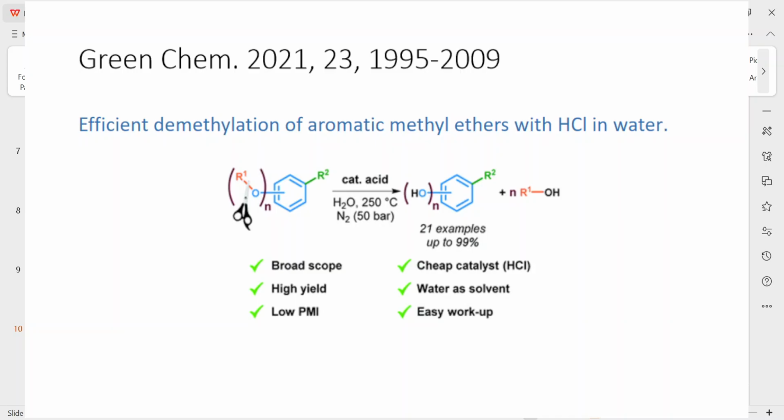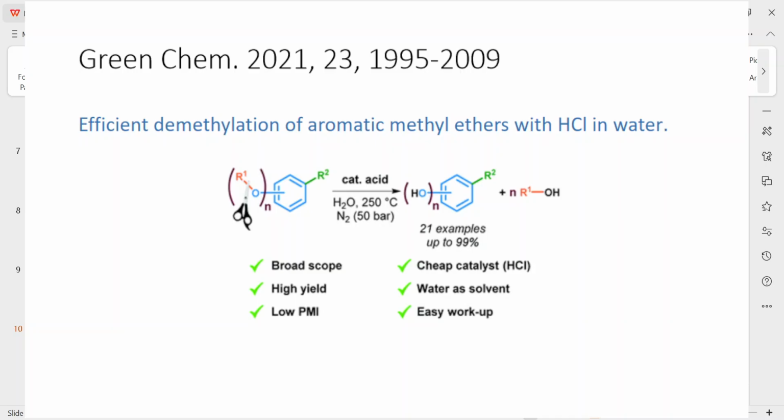Another one, demethoxylation is reported with HCl in water, but if you have a good facility for your pressure reactions, maybe you can try this type of reaction in your lab. And I wonder if it is available at a commercial scale, which is rarely available.